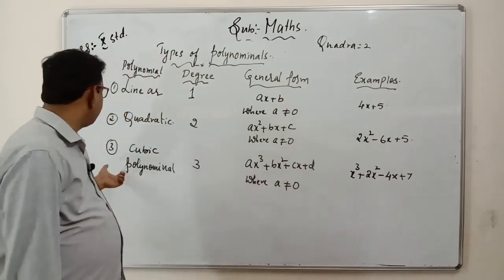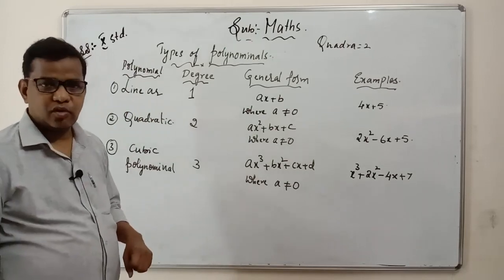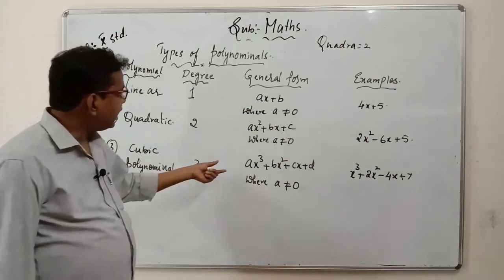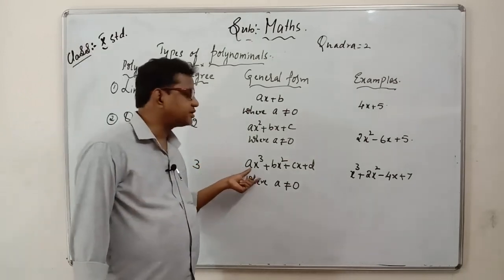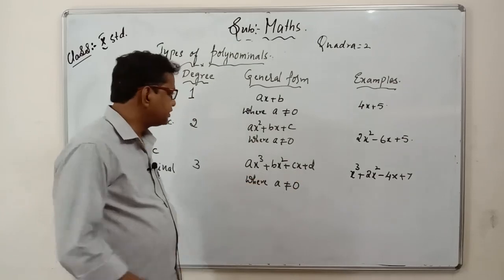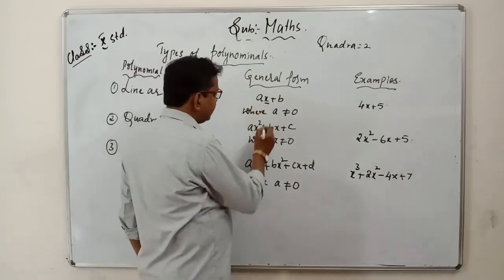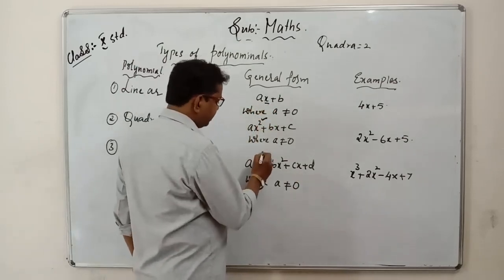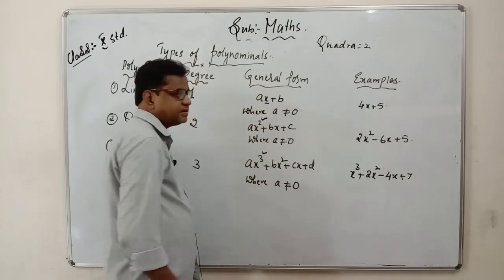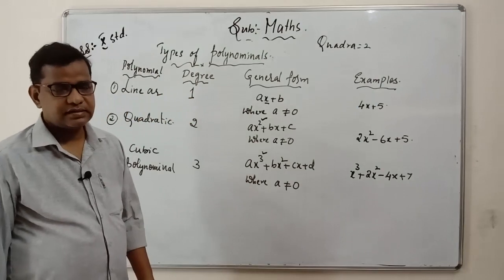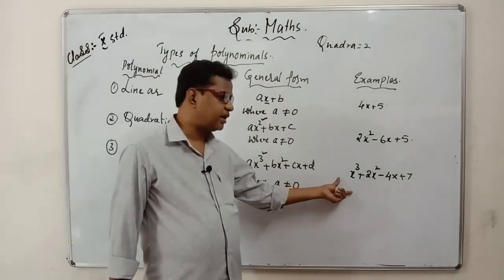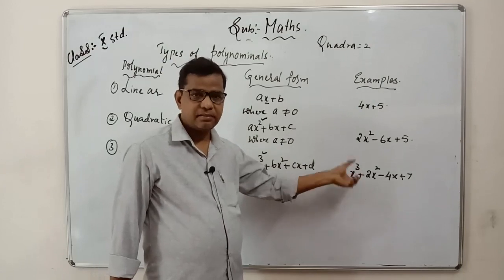And again we have third one. It is a cubic polynomial where the degree is 3, and we have general formula ax cube plus bx square plus cx plus d. See here we have 1, here we have 2, here we have 3. Linear, quadra, cubic. Cubic means 3 sides. 3 sides means 3. The example is x cube plus 2x square minus 4x plus 7.